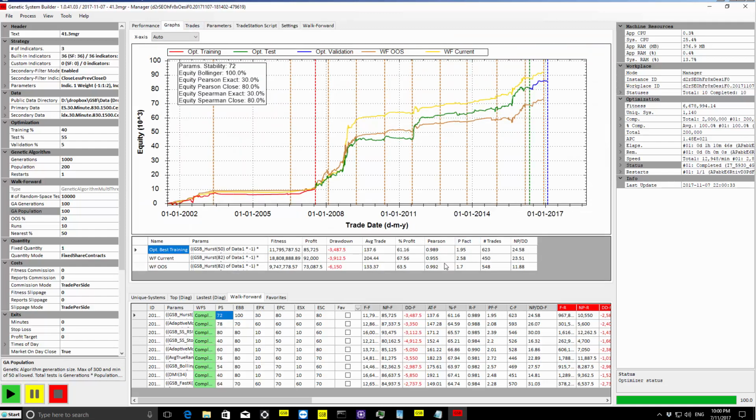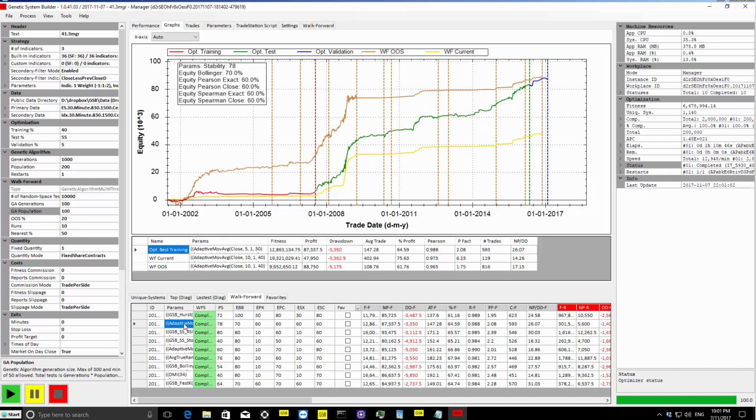If I look at the amount of trades, you can see that it's got 450 in the final walk forward run, while the out of sample is 548. A moderate difference, but that's still quite acceptable. And I would be happy with that as a pass, particularly because it's only done 100 generations and a population of 100 walk forward. But to be safe, I'll do a 300 on that later on.